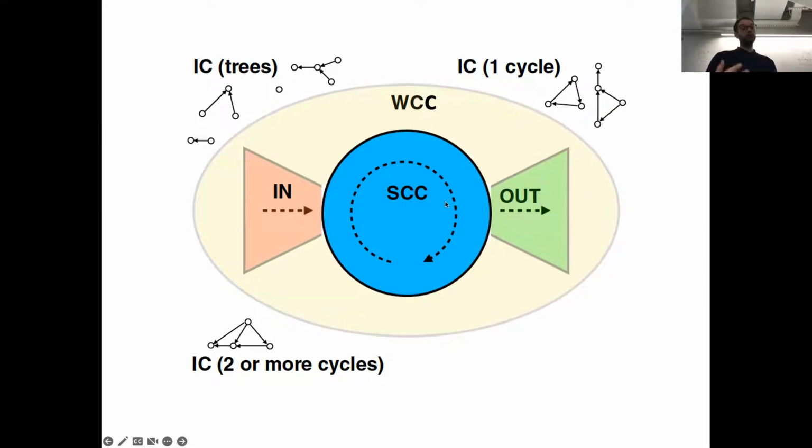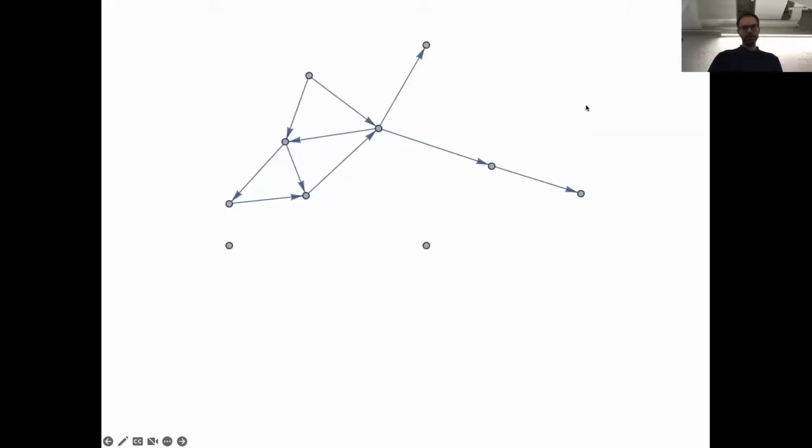There's also the out component. It's all nodes that can be reached from the strongly connected component. The strongly connected component is quite important for the spectral properties of the graph, so that's why I mentioned this, as we will see. As well, there are some disconnected cycles. They will as well turn out to be important, you will see eventually.